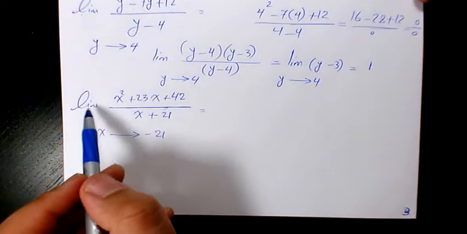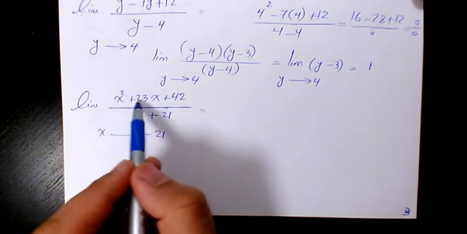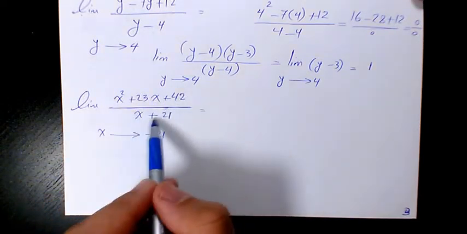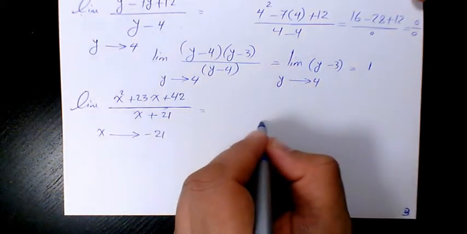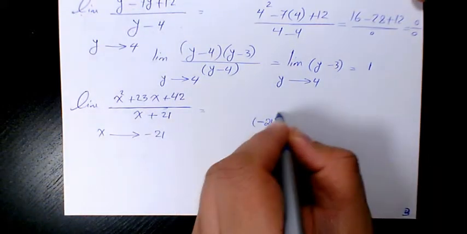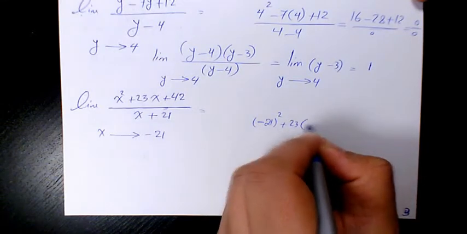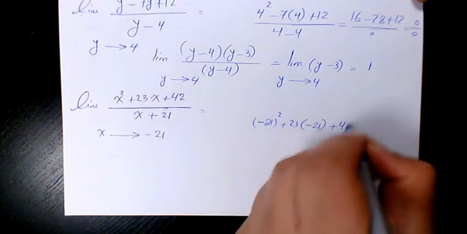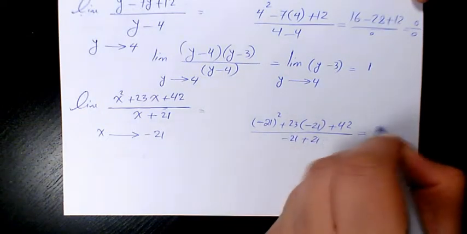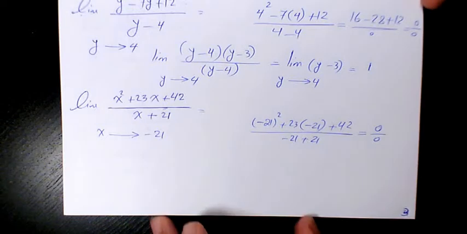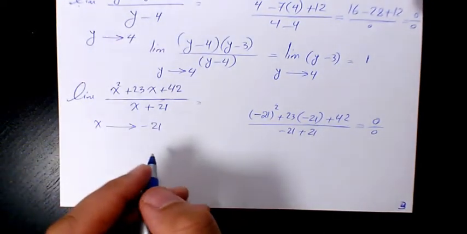Next one is the limit of x squared plus 23x plus 42 over x plus 21 when x approaches negative 21. That's going to make it negative 21 squared plus 23 times negative 21 plus 42 over negative 21 plus 21. It's going to be 0 over 0 again. Now you need to factor it.